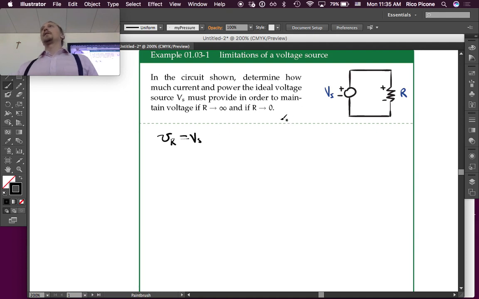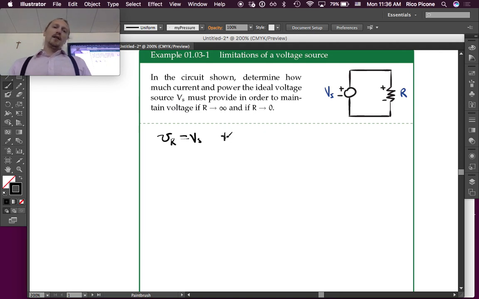It's pretty obvious, but technically we are implicitly using Kirchhoff's voltage law, right? That around the loop they have to add up to 0. Okay. VR is equal to Vs.